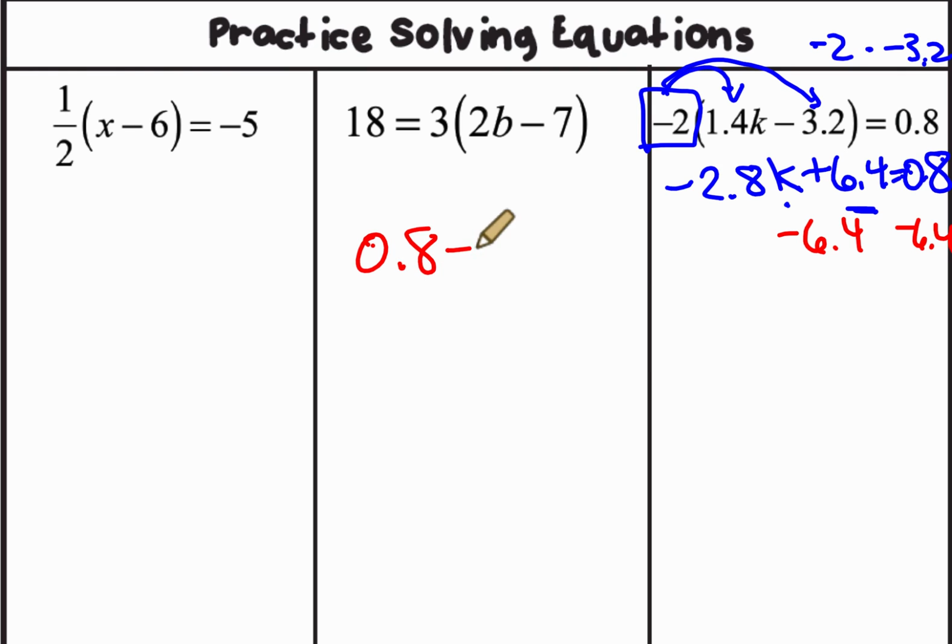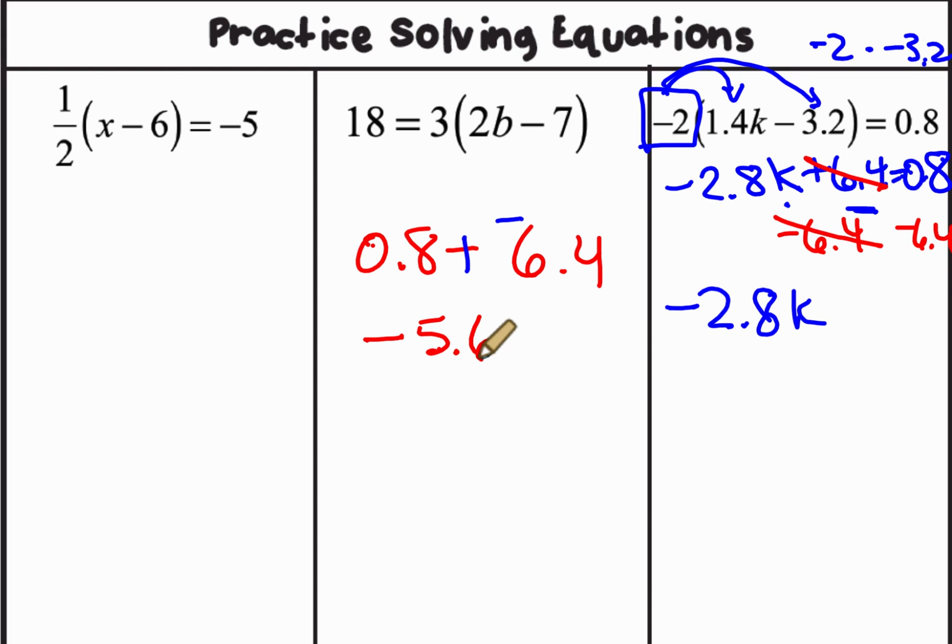So let's look at that on the right side, because we know 6 4/10 minus 6 4/10 makes 0, leaving me with -2 8/10 times k. But over here, remember, this means add the opposite. So that means I have more negatives than positives, and I need to subtract, giving me -5 6/10.